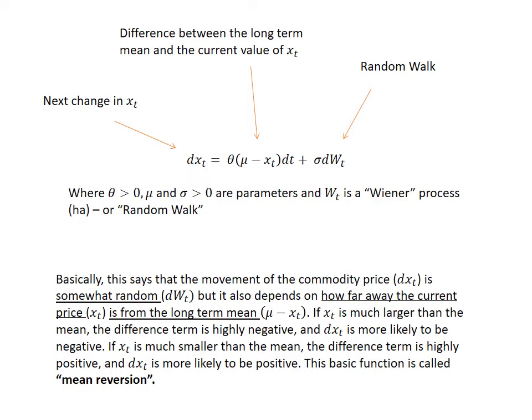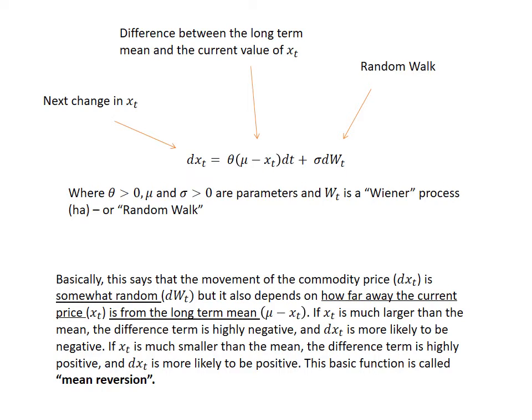So that tells you that the higher the current price of whatever this process xt is above its long-term expected mean, the stronger the downward force on the price. Same goes if xt here is much smaller than the mean, then you have this positive value in the middle of the equation that forces the value of dxt to be positive, to recover some value and bump back up towards the mean.